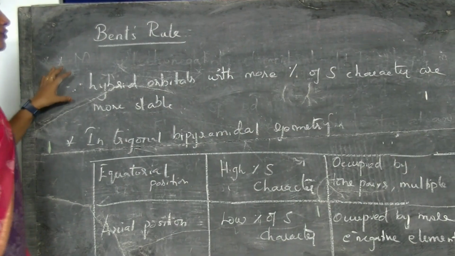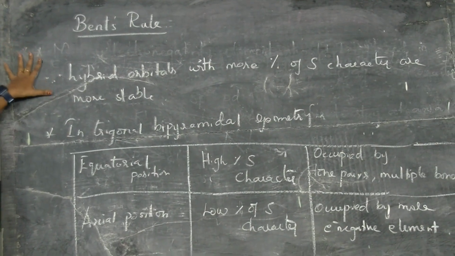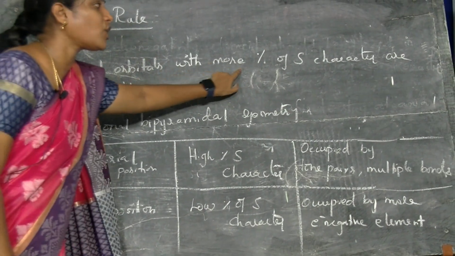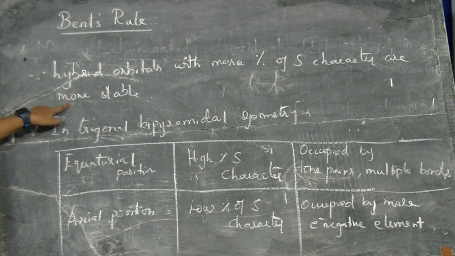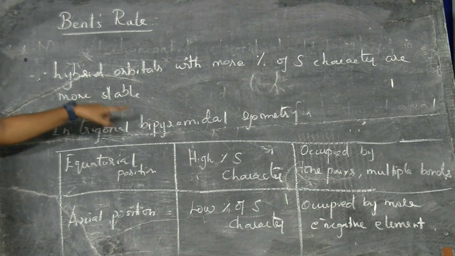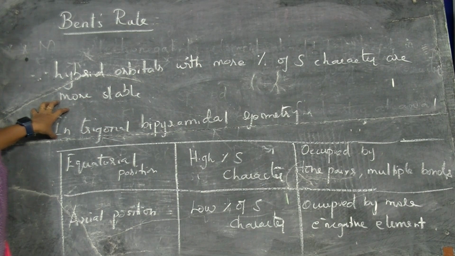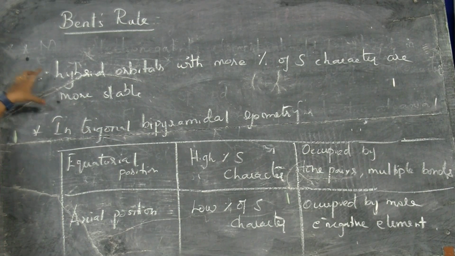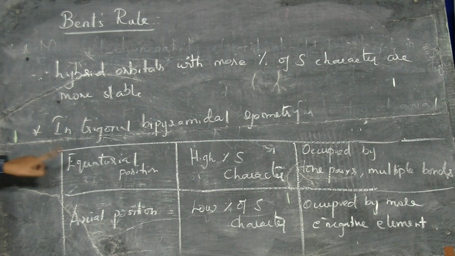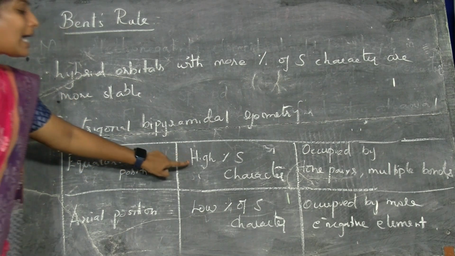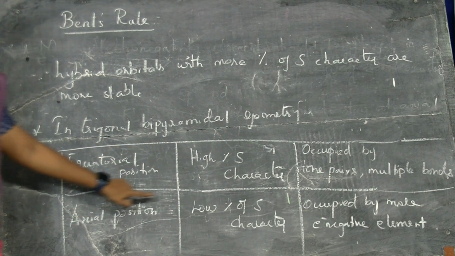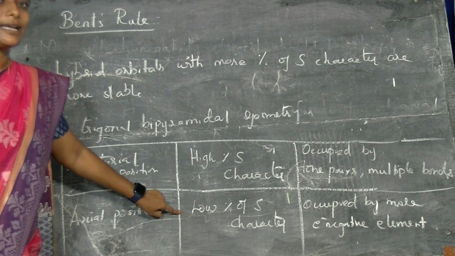So from Bent's rule, the conclusion is that hybrid orbitals with more percentage of s character are more stable. In trigonal bipyramidal geometry, as we have seen with the example PCl3F2, the equatorial portion has a high percentage of s character and the axial portion has a low percentage of s character.